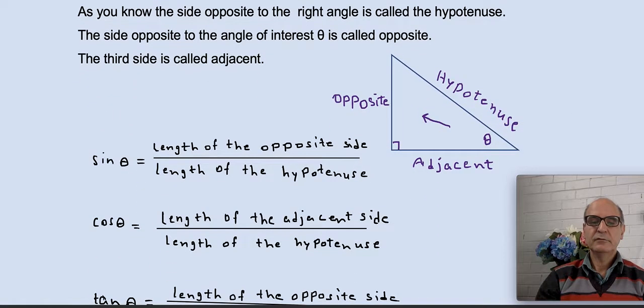Similarly, we have another ratio called cosine, and we show it with cos theta. We read it as cos theta. Cos theta is a fraction again where the numerator is the length of the adjacent side and the denominator is the length of the hypotenuse.